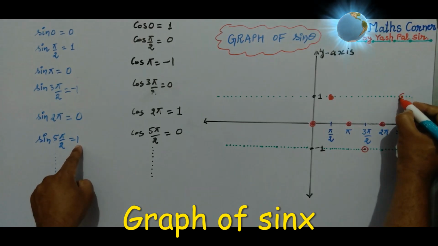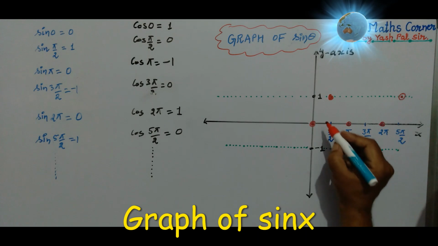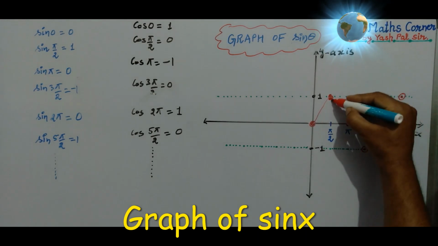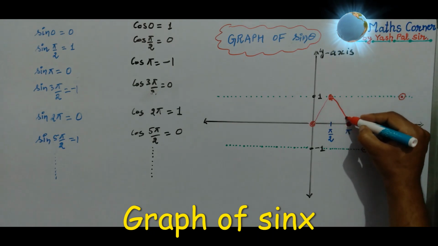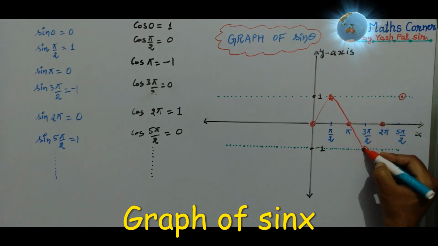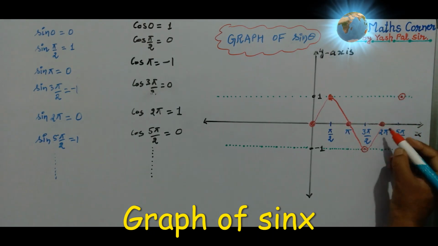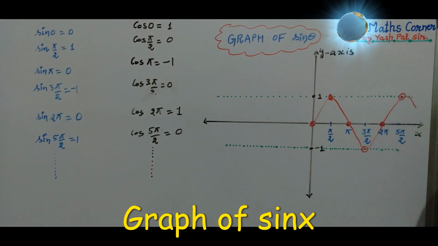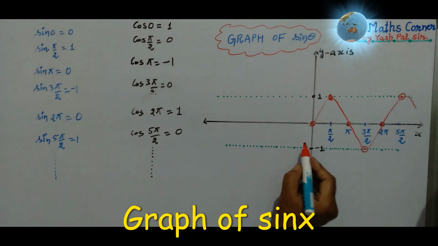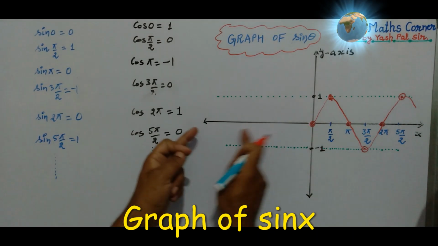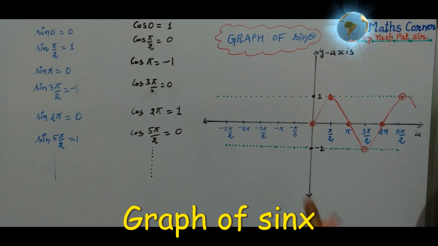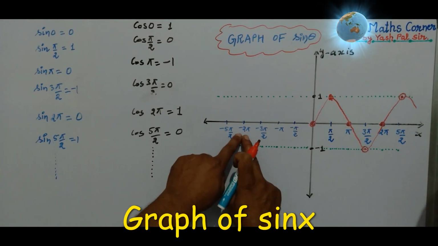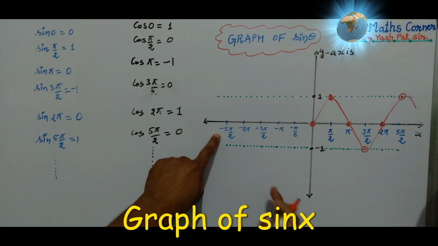Okay, if we join these points, then we have this graph this way. On joining we get this. Similarly we can have the left side: minus pi by 2, minus pi, minus 3 pi by 2, minus 2 pi, minus 5 pi by 2.